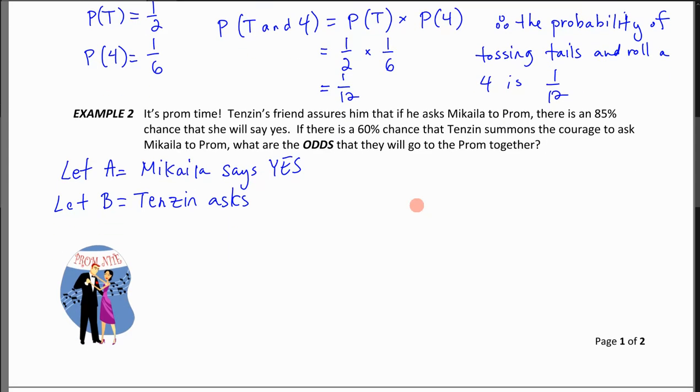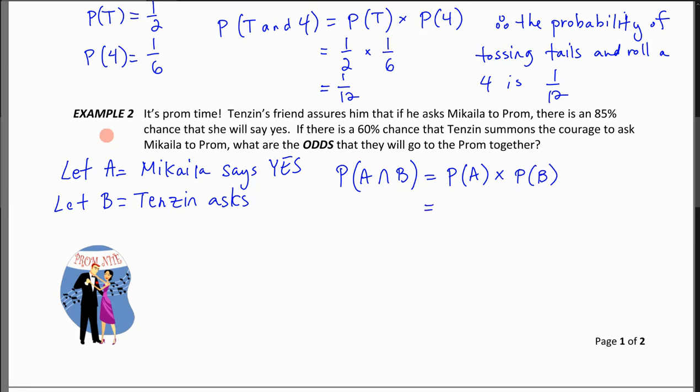Okay, so the probability that Tenzin asks the question and Michaela says yes. So the probability that Michaela says yes, and the probability that Tenzin asks the question, that's what I'm looking for. Okay, and so that's equal to the probability that Michaela says yes times the probability that Tenzin asks the question.